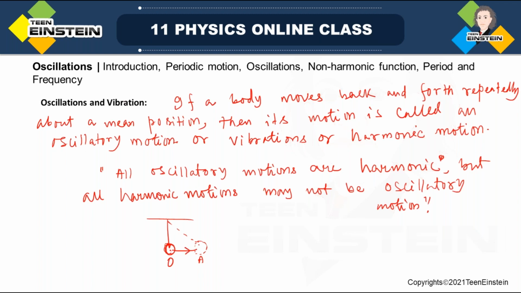So it will come up to here O, and then equally it will go to the other side like this.